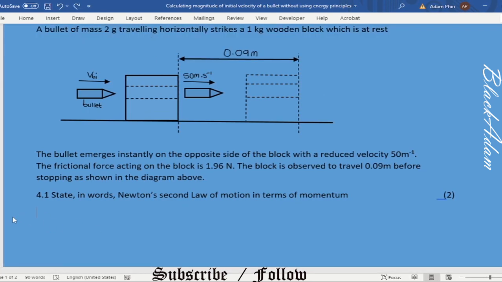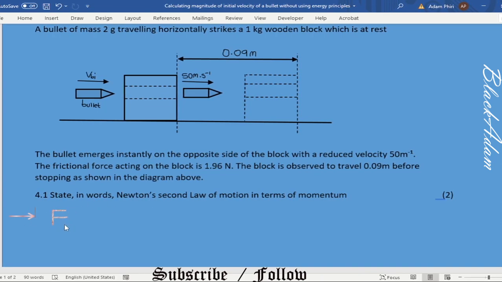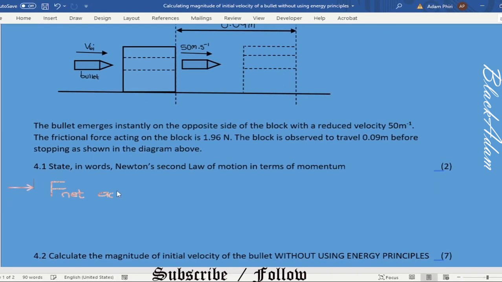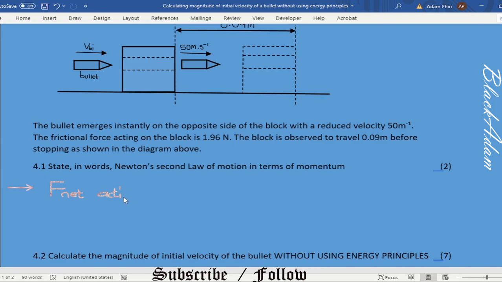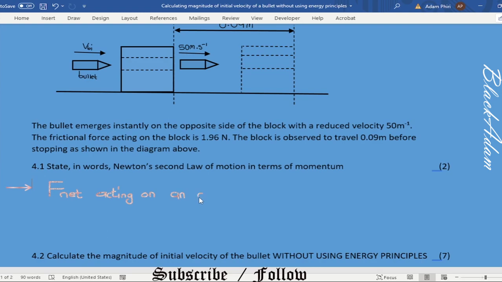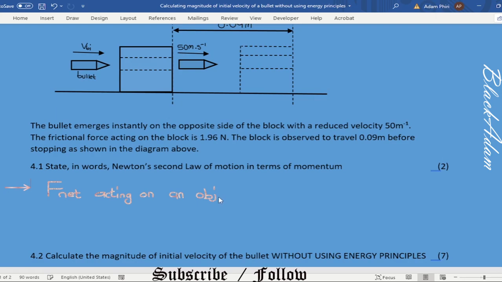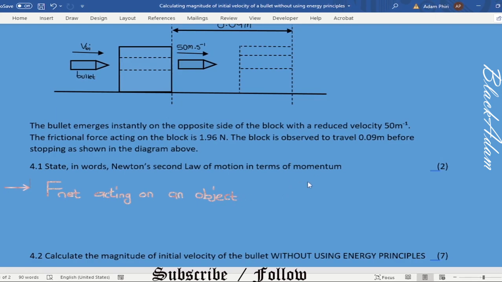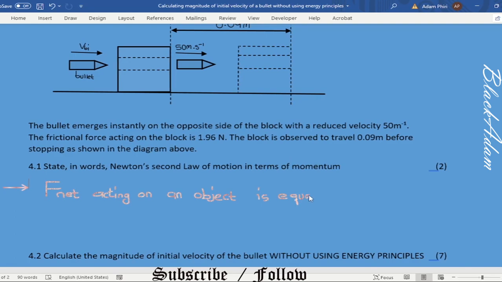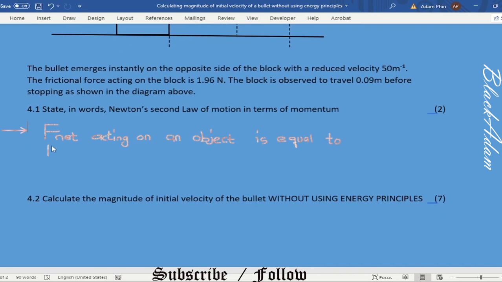Defining Newton's law in terms of momentum, we'll say that the net force acting on an object is equivalent to the rate of change of momentum. How does it come to rate of change of momentum? Remember, net force is ma, and acceleration means change in velocity over change in time. Taking mass times velocity gives us momentum, so it's change in momentum over change in time.